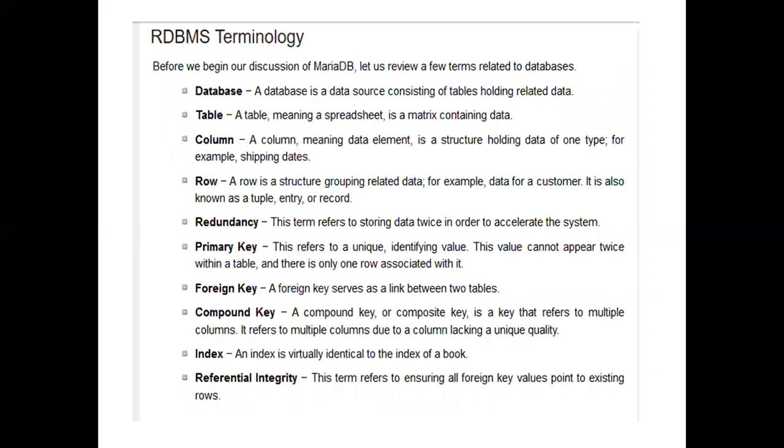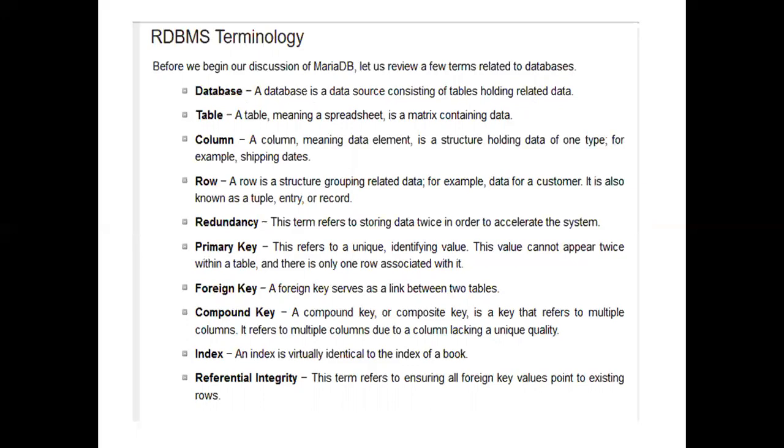So let us go through some RDBMS terminology. We are not going to discuss the complete, thorough knowledge of databases, but the general things. What exactly is a database? A database is a data source consisting of tables. There are so many tables in a database.